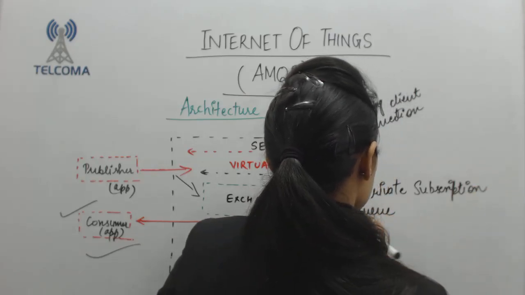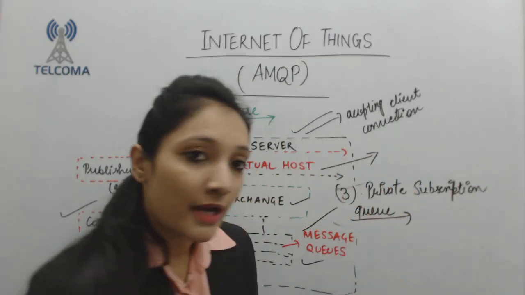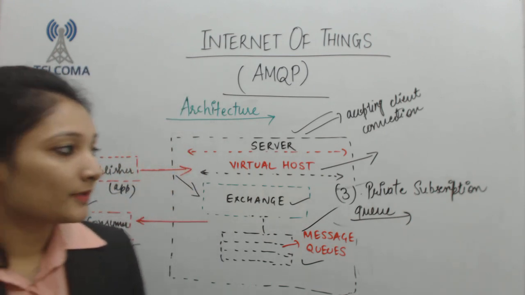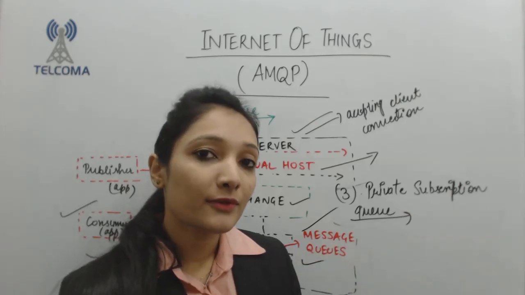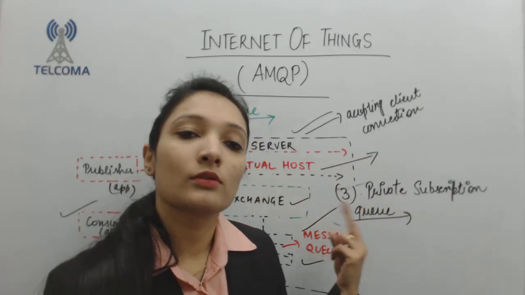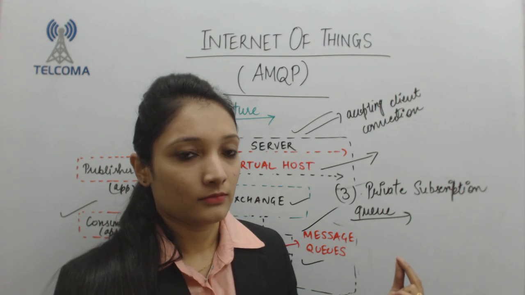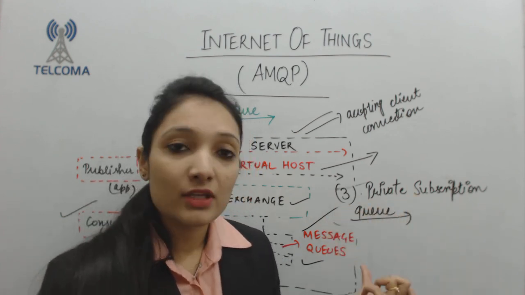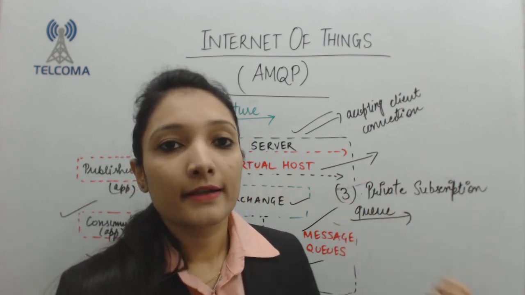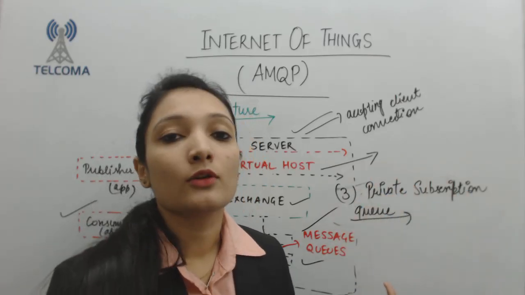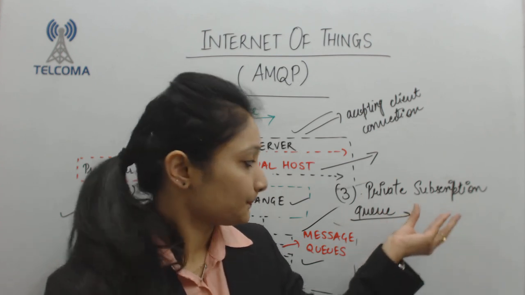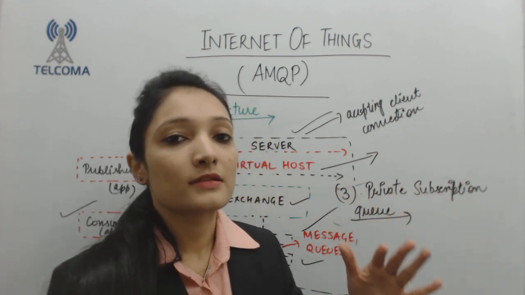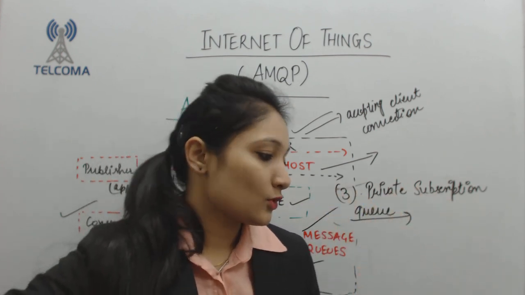Now, this private subscription queue will be receiving the messages from various sources, but it will be forwarding those messages only to a single consumer. So the previous one was receiving from one and sending to one, but this one will be receiving or storing the messages from a number of subscription sources, but forwarding those messages only to a single consumer here.